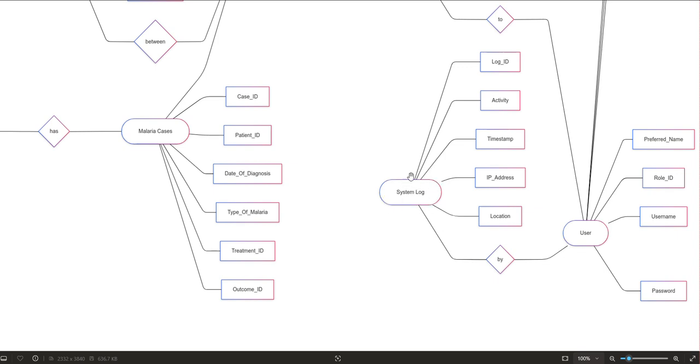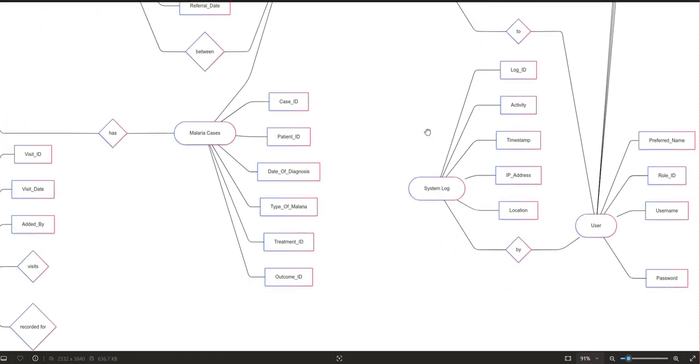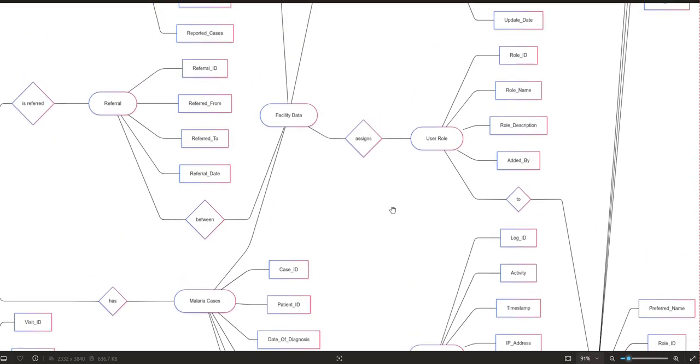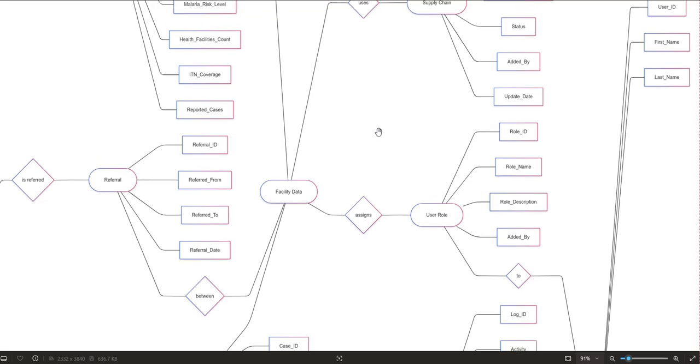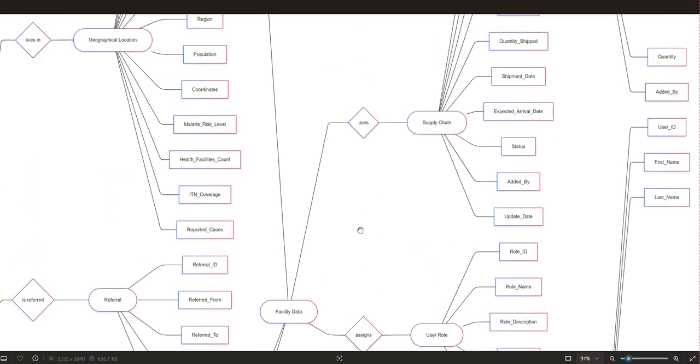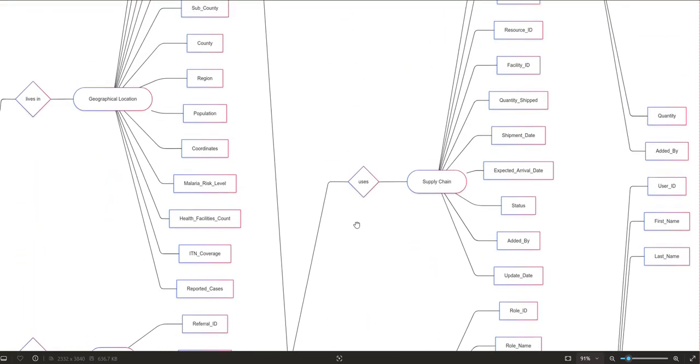The system log entity has the following attributes: log ID, activity, timestamp, IP address, and location. The activity shows what the user did in the system and what time they did it. This is very important in case we need to do a system audit in our database system.